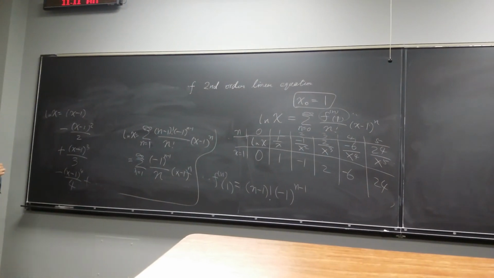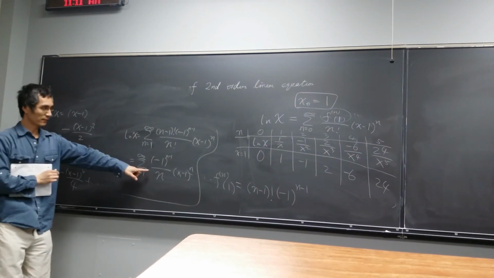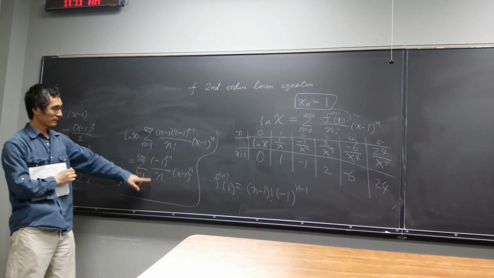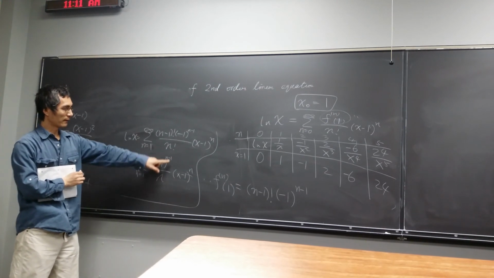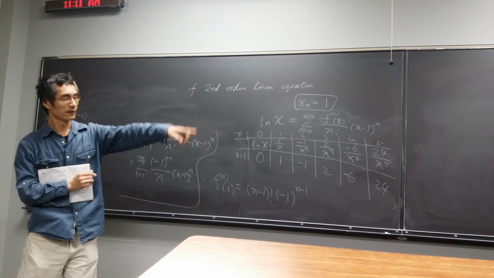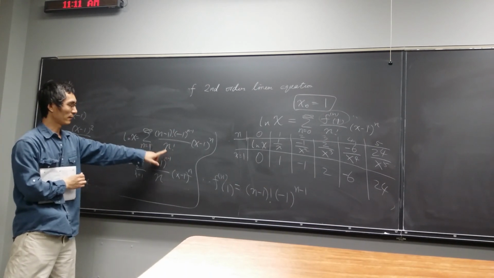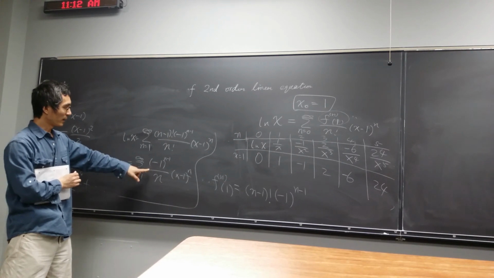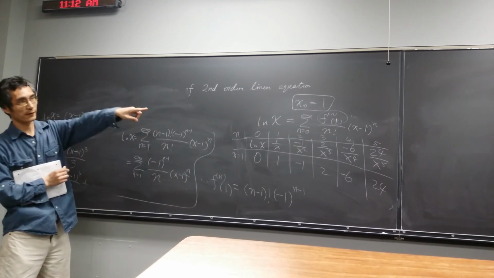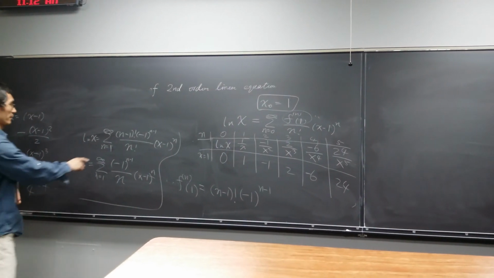Well, to find a domain of convergence, you need to know the coefficient, right? And the coefficient is this. And if you take the ratio of the coefficients, you will see it's the same as that, because we take absolute value, so the negative sign will be gone, right? So the radius of convergence is just like that example, which is 1, right?